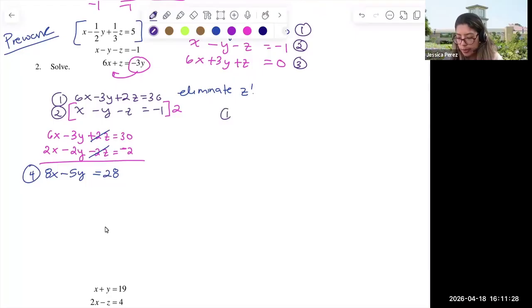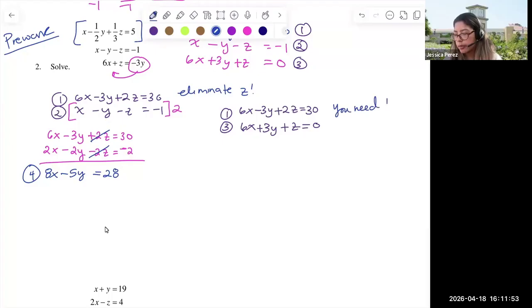Then I combine equation 1 and equation 3. I have 6x minus 3y plus 2z equal 30, and the third equation, 6x plus 3y plus z equals 0. You might want to cancel the y, but you cannot, so you need to eliminate z. You need to stay consistent, because if you do not, you're going to get the wrong answer.